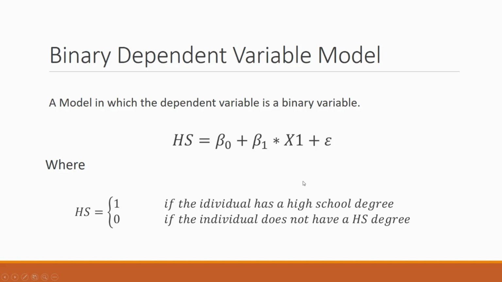Now, a binary dependent variable model. A binary dependent variable model is where the dependent variable, where we normally have y, for example, is a binary variable. In the past we've always had income or wages, some continuous variable. But now we have a model where the dependent variable is binary, like our high school degree variable, which can take two values, 1 or 0.